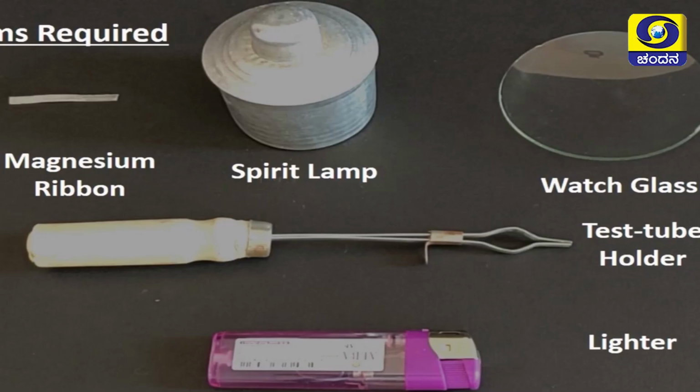For this we need a 1-inch piece of magnesium ribbon or strip, a spirit lamp, a test tube holder, a lighter or matchstick to light the spirit lamp, and a watch glass. A cutter or sandpaper is additionally required to scrape the tip of the magnesium ribbon. This is an optional step.